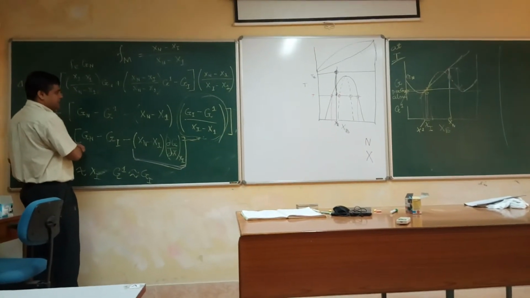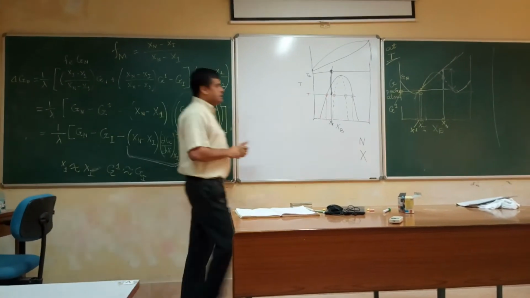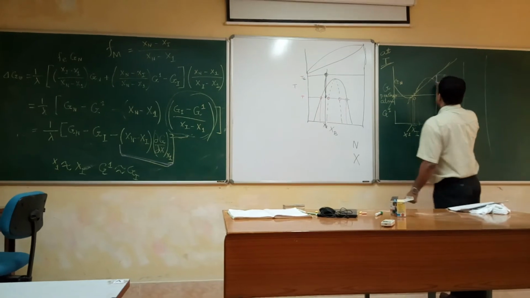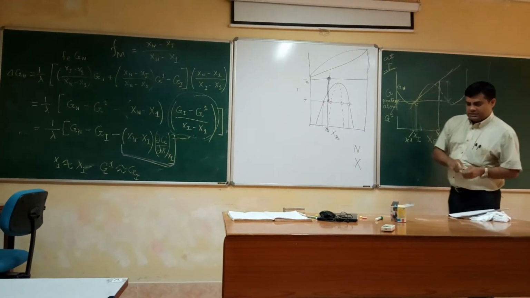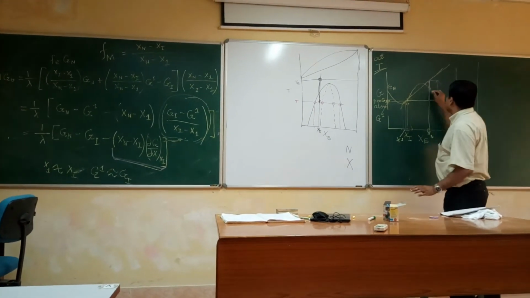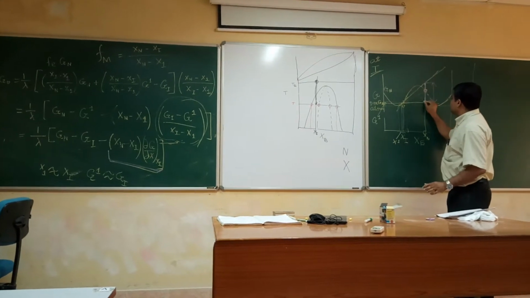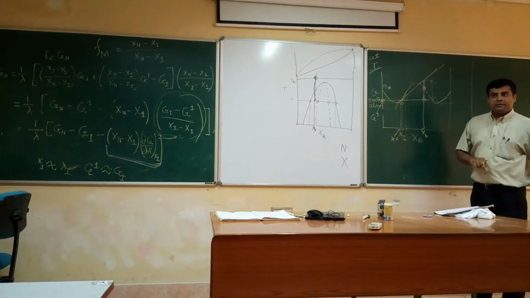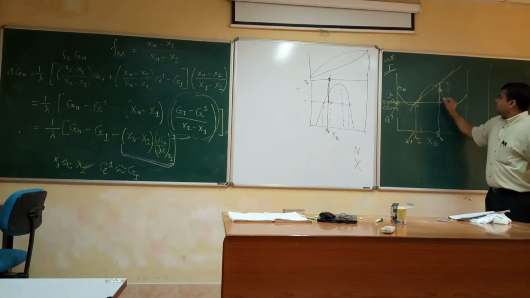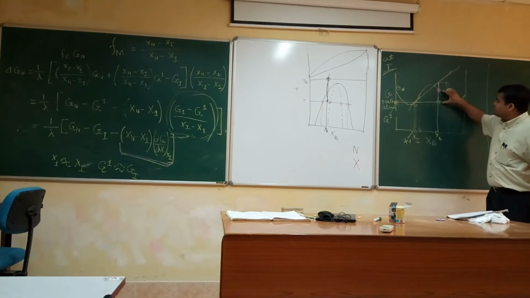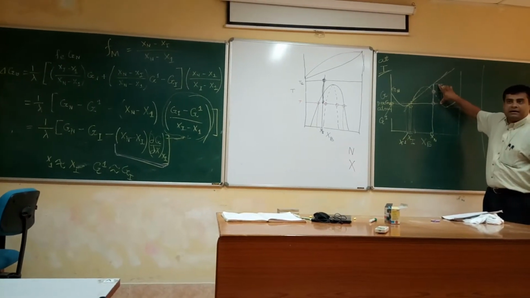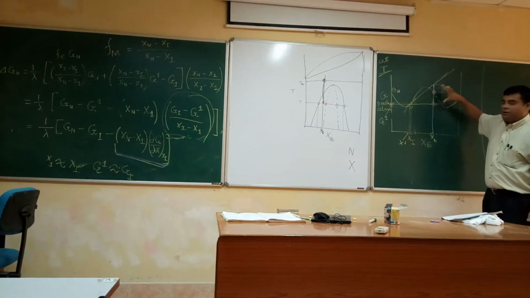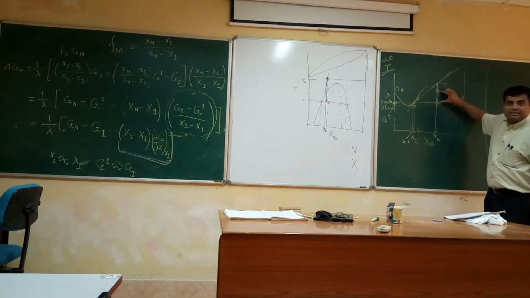Gn minus Gi. What is Gn minus Gi? This point is your Gn. This is your Gn, this is your Gi. This length is subtracted from this length, or negative of this length is subtracted.